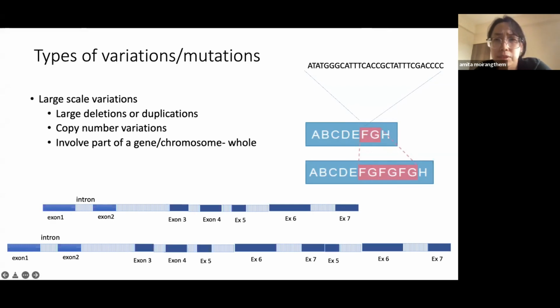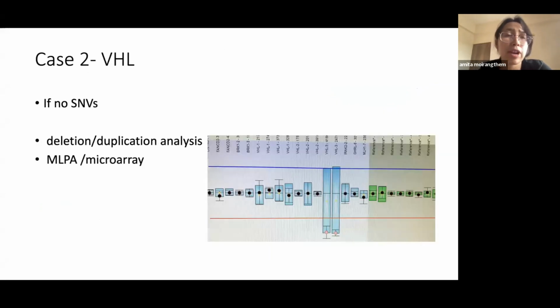So these are some of the basic concepts for understanding. With this, if we remember the previous VHL, if no mutation is found on sequencing or Sanger sequencing, which constitutes about 90% of the known mutations in VHL, then we have to use another technique which can detect the large deletions and duplications, which are responsible in 10% of the cases.